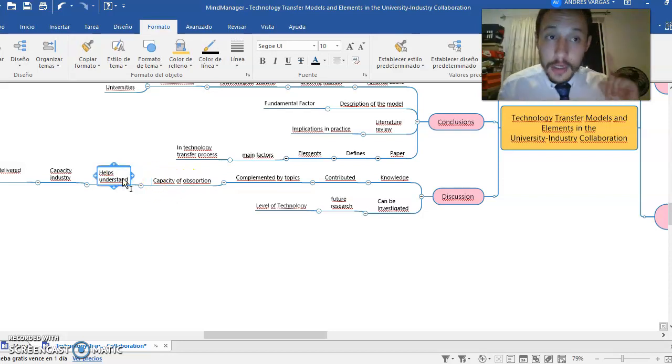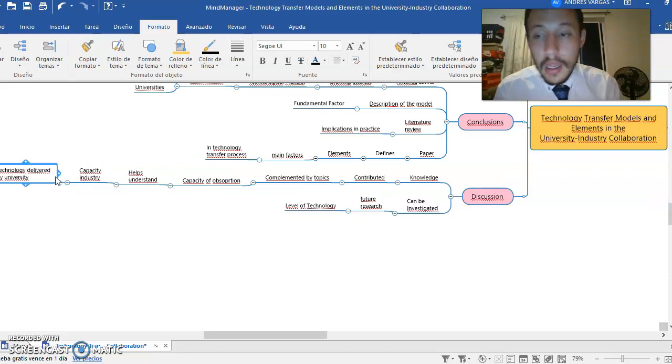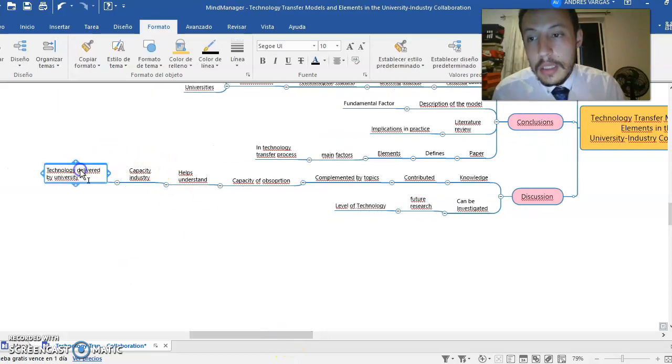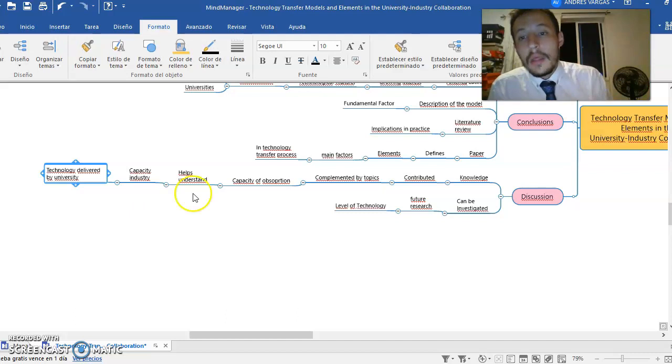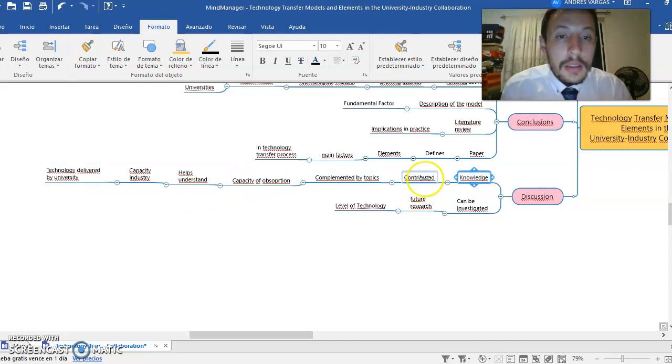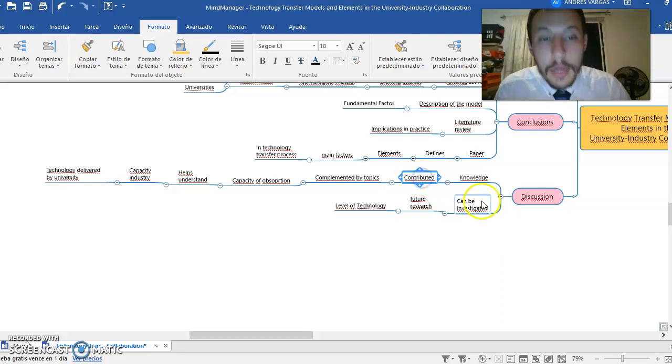So, first of all, it helps to understand the capacity of the industry, and also the technology delivery in the university. What does it mean? Technology delivered by the university is all the knowledge or even the technology that the university has, and the capacity of absorption is of what? Of the knowledge that has already been contributed.